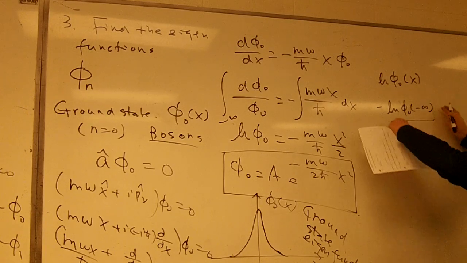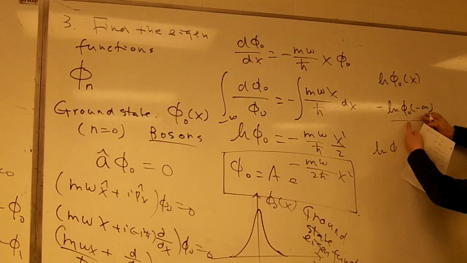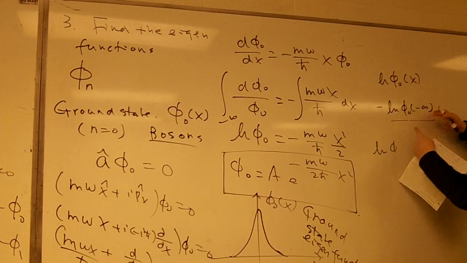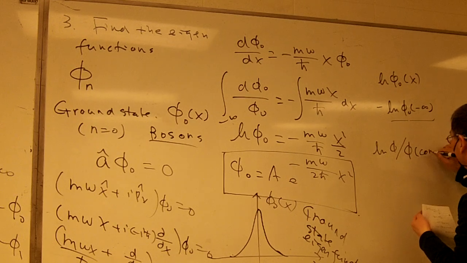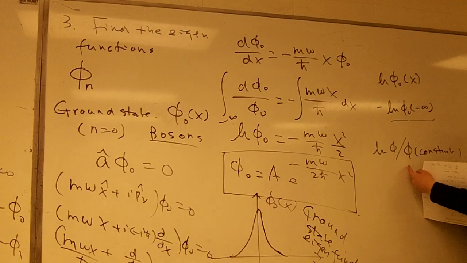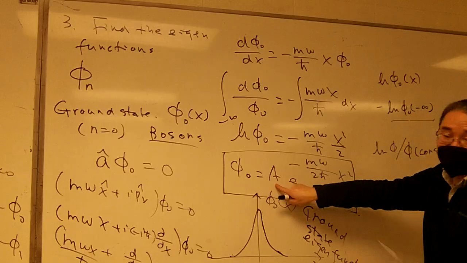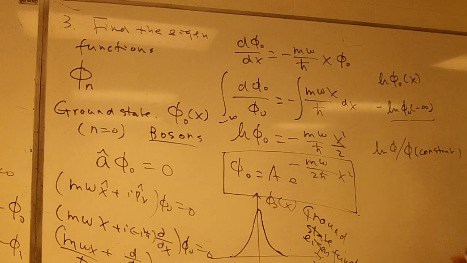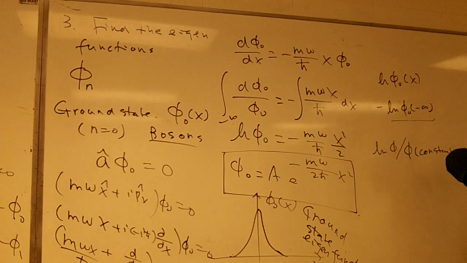Make sense? When you write them out, this is a constant anyway, it doesn't matter, but this would just look like phi constant. Sorry, I have to write a constant here, and then this will be divided by a constant, and this constant is just A. Usually this essentially limits from one to the other.